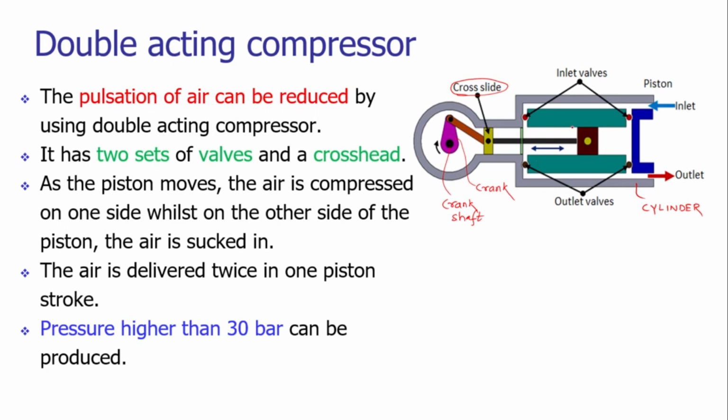So this type of arrangement is having basically 2 inlet valves and 2 outlet valves. Let us consider this as the inlet valve 1, and this is inlet valve 2. Similarly, we are having 2 outlet valves, outlet valve 1 and outlet valve 2.